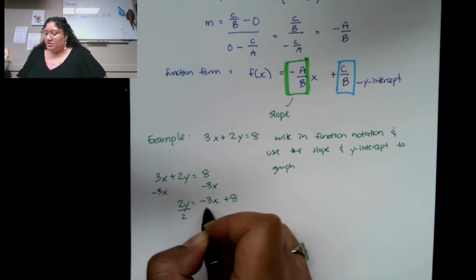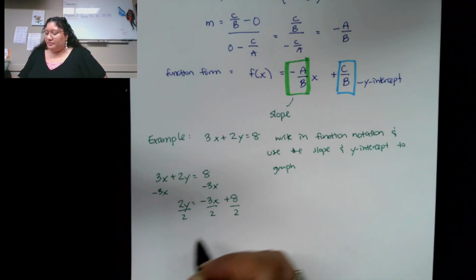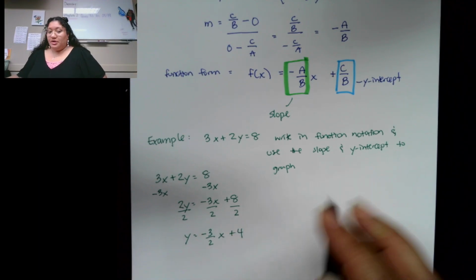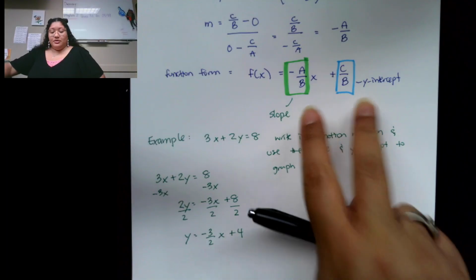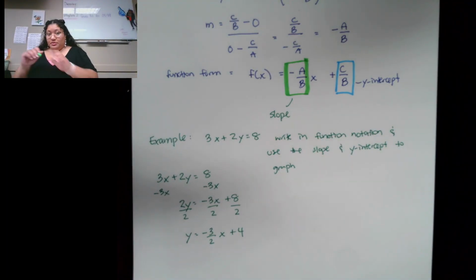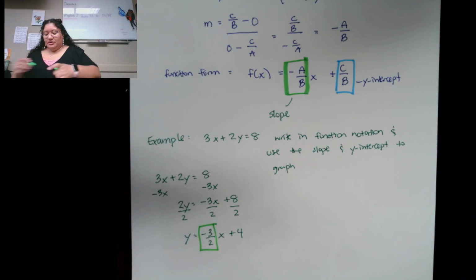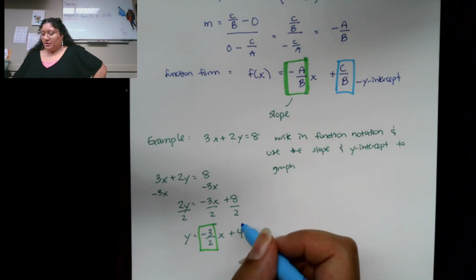Divide by 2, divide by 2, divide by 2. Y equals negative 3 over 2 x plus 4. Based off of this, who is my slope? Negative 3 halves. And who is my y-intercept? 4.